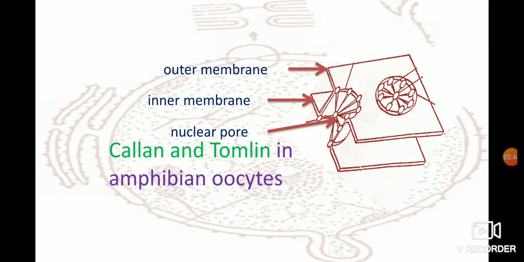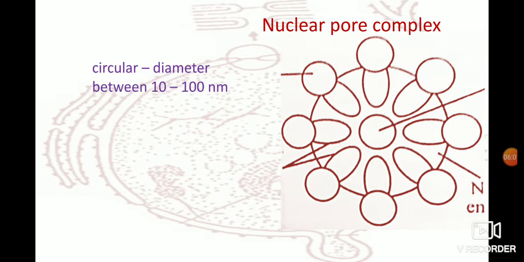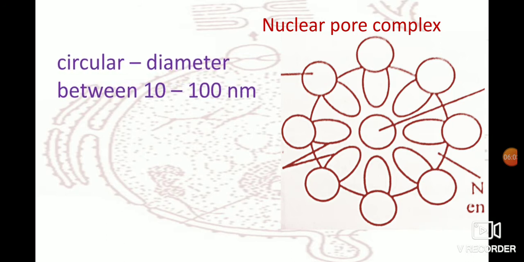The number of pores per unit area of nuclear envelope varies with cell type and with the physiological state of the cell. The nuclear pores are circular in view and have a diameter between 10 to 100 nanometers.